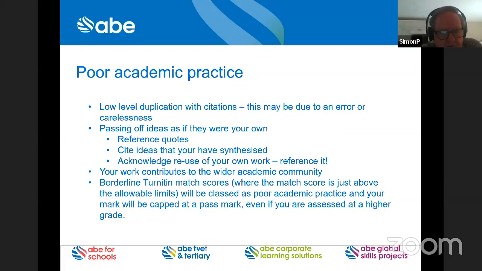So those pieces of work which are at the borderline of the Turnitin levels at each stage, at each level, may fall into what we call poor academic practice.